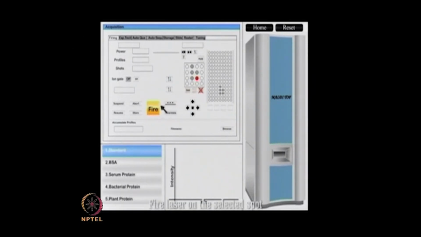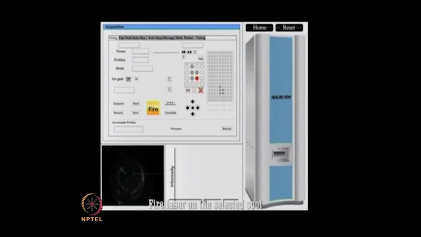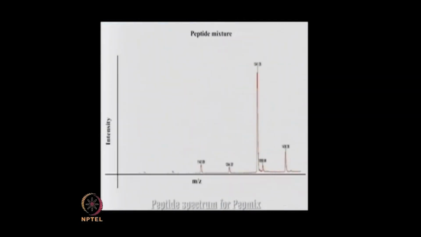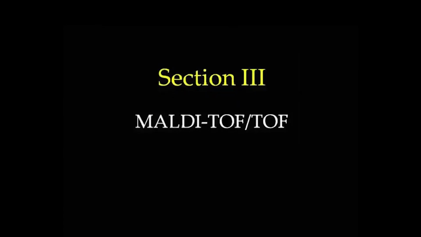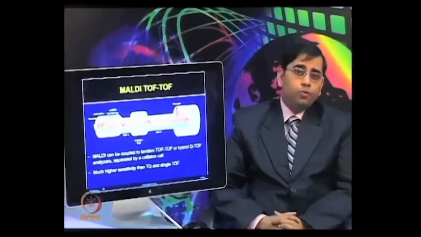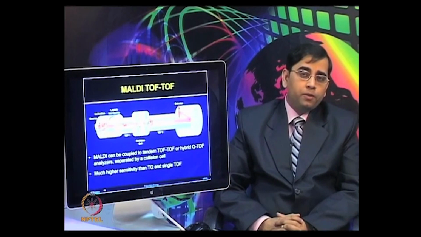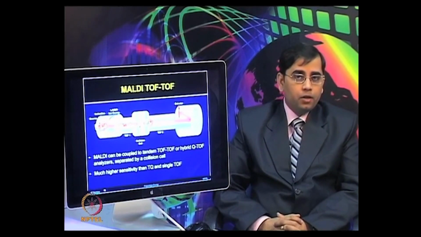The same process can be performed for different spots and different regions. Now, we have shown here a spectrum for the PEP mix. So, now you are clear with how to perform the MALDI-TOF experiment.